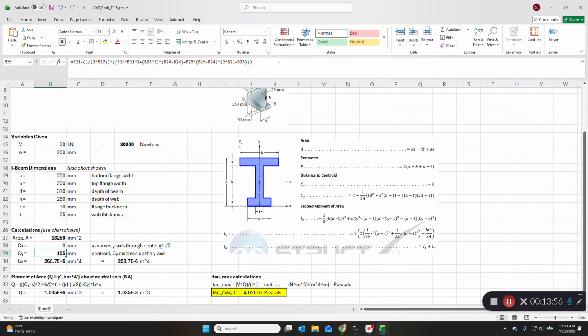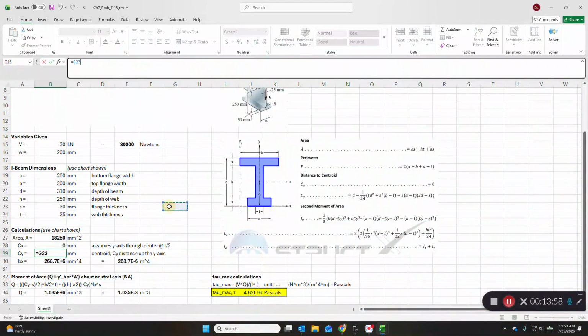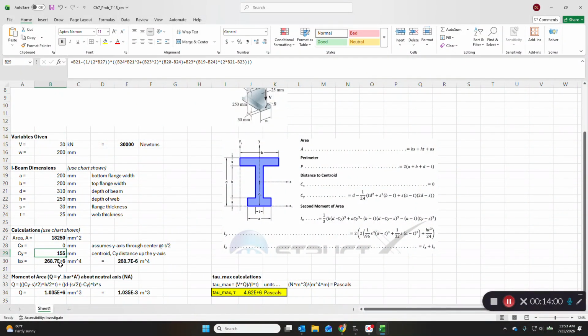So be careful not to make a data entry error. And we get the answer here is 155. And then the second moment of area of inertia, right, is 267.7 times 10 to the 6 millimeters to the fourth. So we can convert that to meters to the fourth, right, in this case.